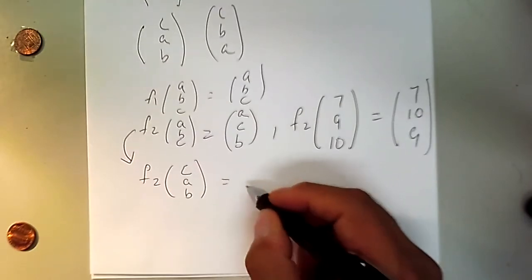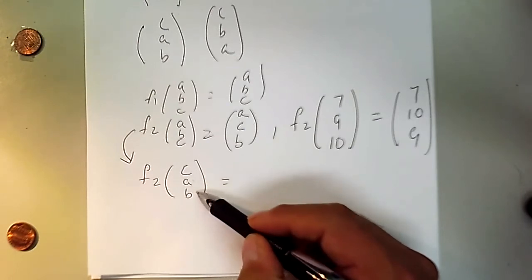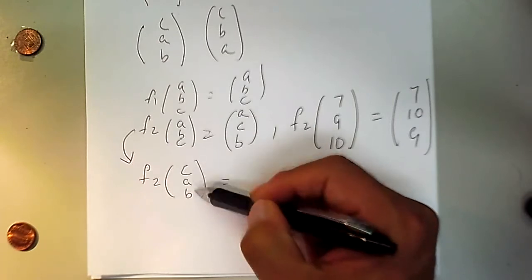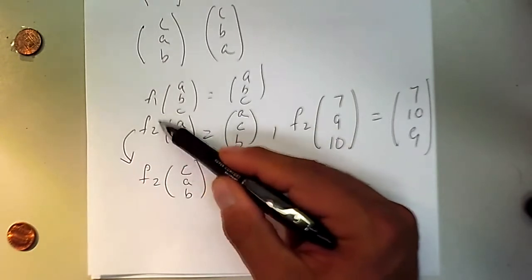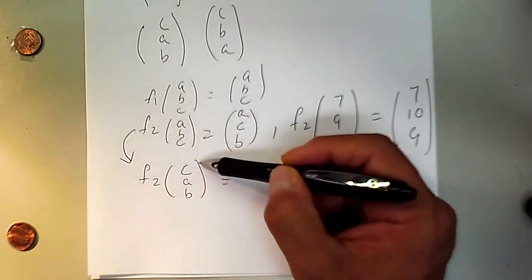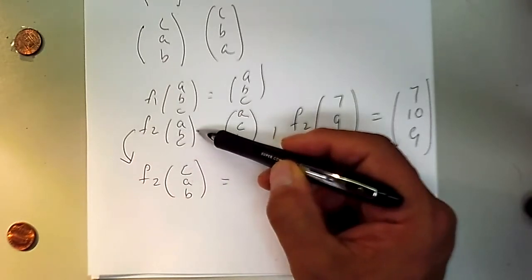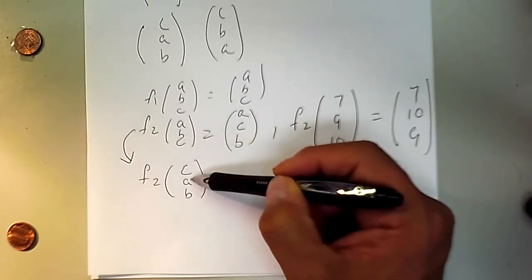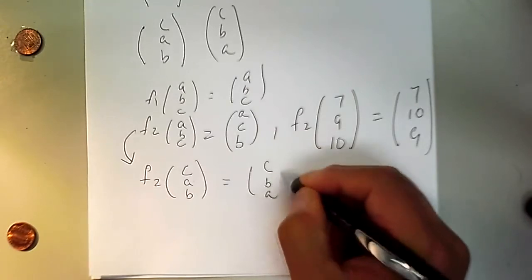Well, let's think. We want to exchange the last two. I don't want to exchange B and C. B and C are the first and the last one. But what this permutation does, and remember, we're thinking of a permutation as a function, is change the numbers in whatever position they are. So it changes those two. Changing those two gives us C, B, A.